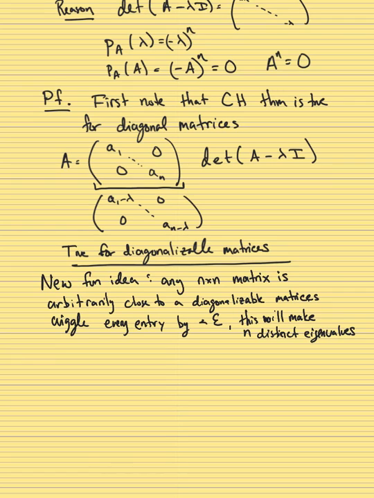The reason you should believe this, and I should say this is diagonalizable over the complex numbers, is that you're asking a polynomial, namely the determinant of A minus lambda I, to have n distinct roots.